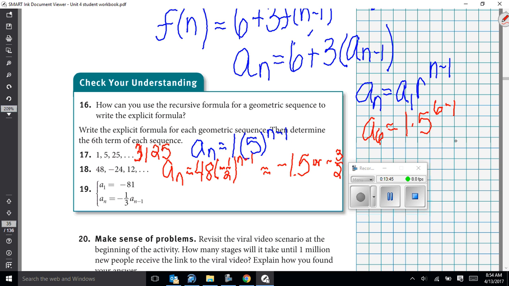So we have 48, negative 24, positive 12. So the next one's going to be negative 6, and then we'll have positive 3, and then negative 1.5. 1, 2, 3, 4, 5, and that's our sixth term.